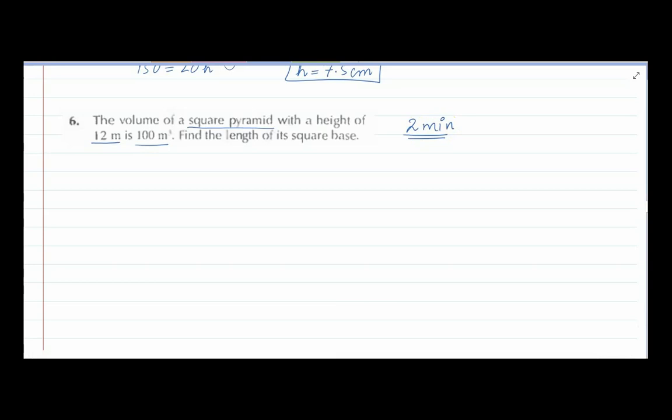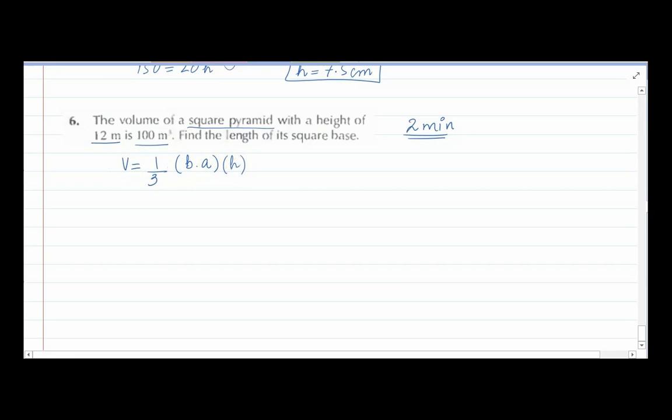You have the value of volume, you have the height, and you need to find the area of the base. Up till now, I expect that if you are in my class physically, all of you had written the working formula that V is equal to 1 upon 3 base area into height.